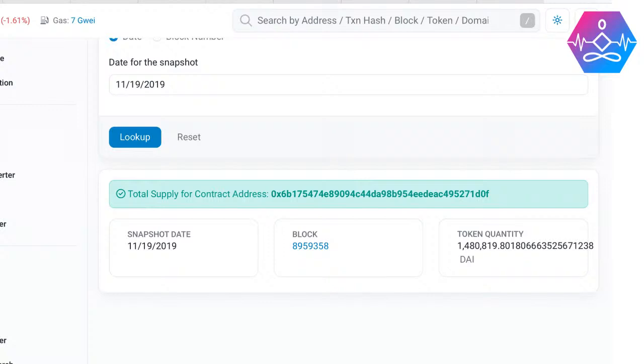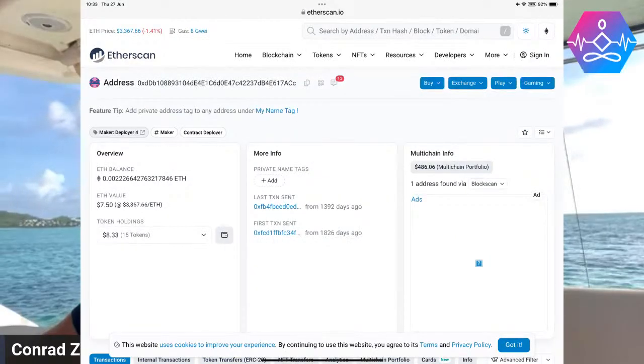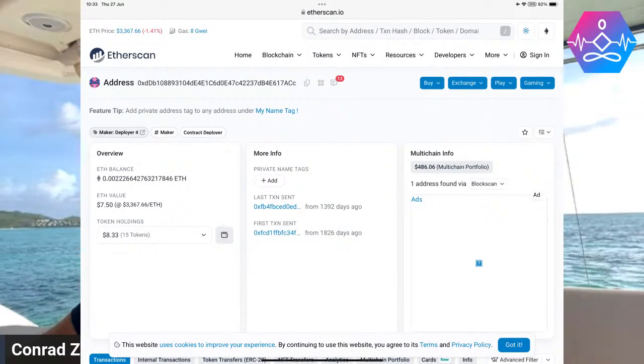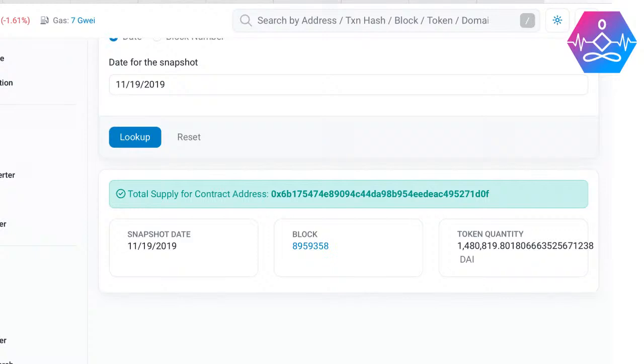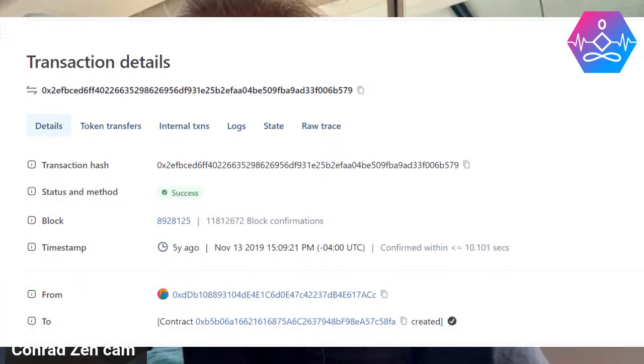And you can see that it came into existence about the 19th of November, 2019, created by this wallet. Now, it was created somewhere around there. Okay, we know that for definite, and this is the actual transaction that produced the, we'll call it the false DAI, 5 years ago.